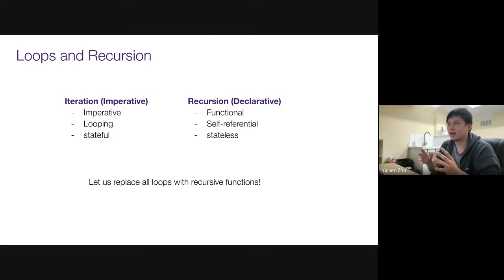And in order to do it in a functional style, well, first you need to use functions, right? But it's more of a self-referential thing that does not care that much about state.